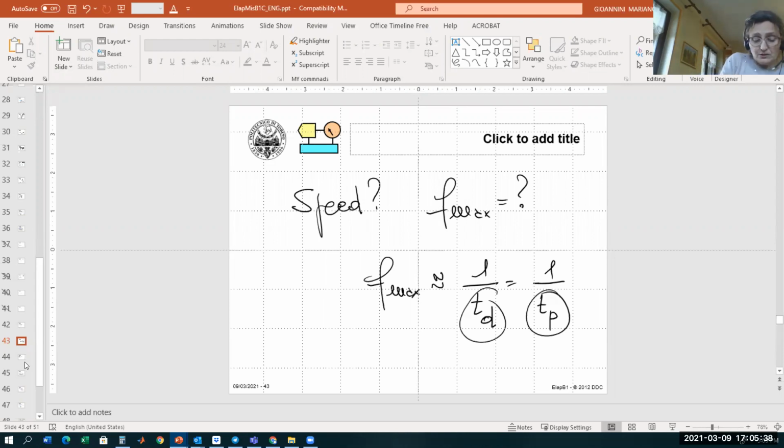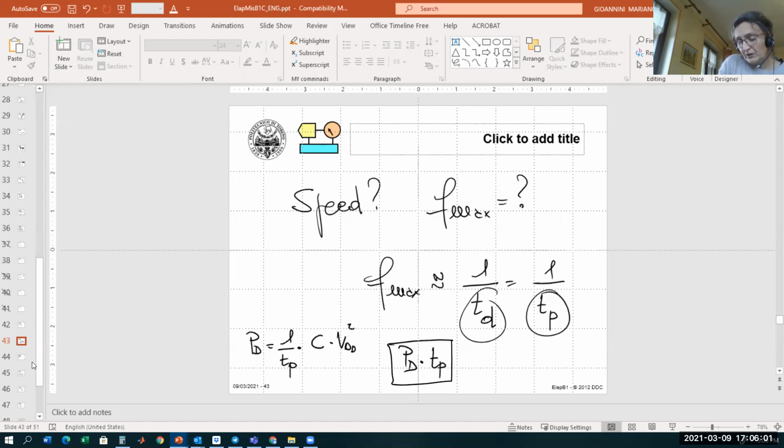So you see that if you make this assumption, the power that you are dissipating is 1 over Tp times C times VDD square. So if you take the product of the dynamic power dissipation and the delay, Tp, you see that this product is equal to C times VDD square.